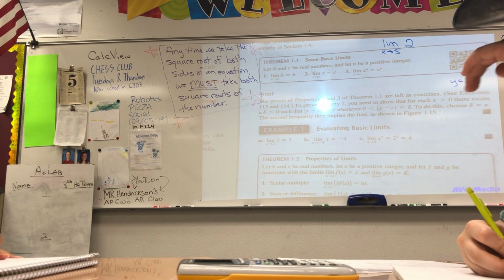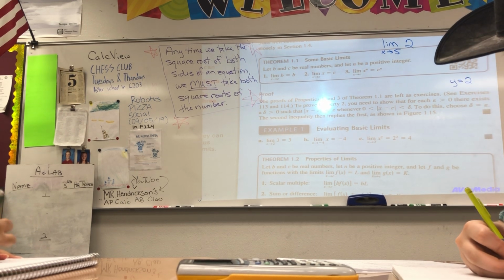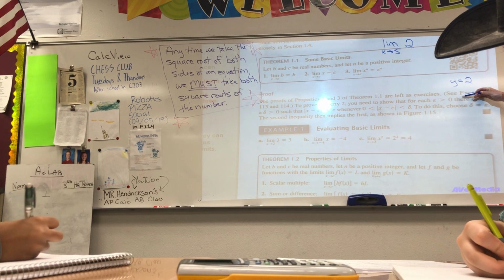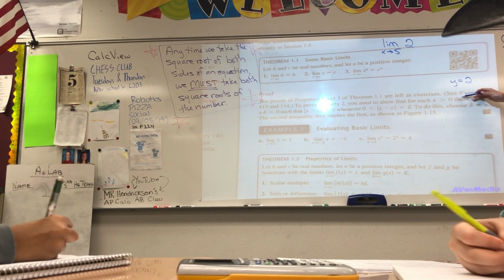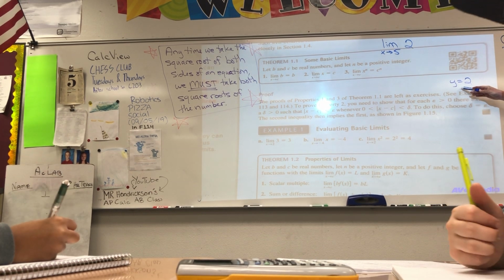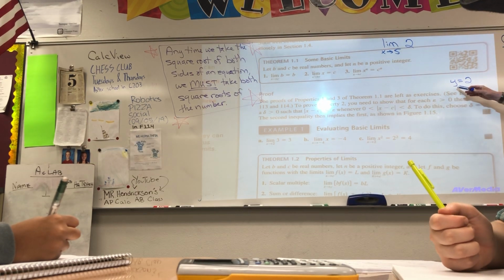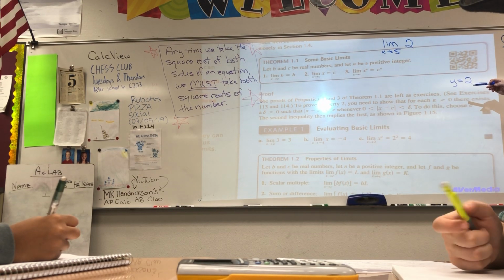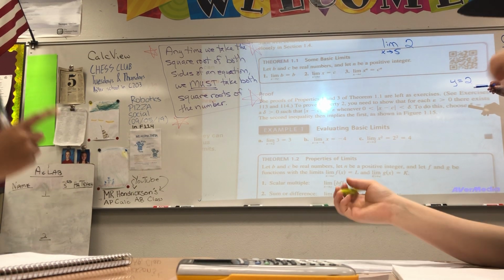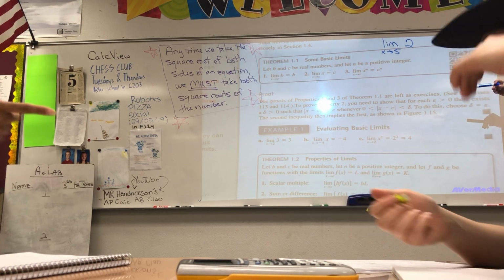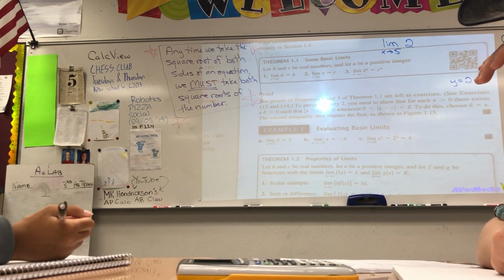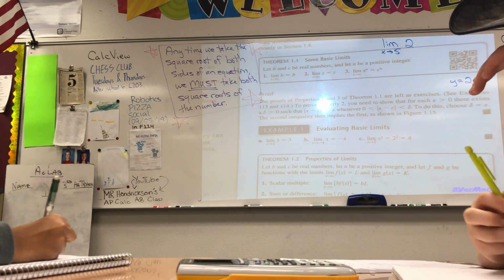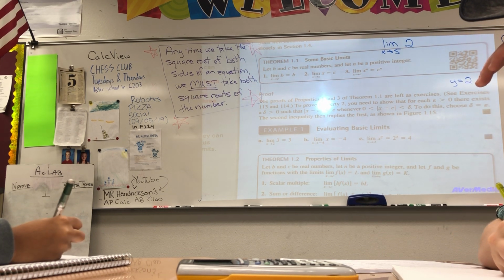So when x is approaching 5, what's this graph approaching? 2, because what does this graph look like? A horizontal line at 2.